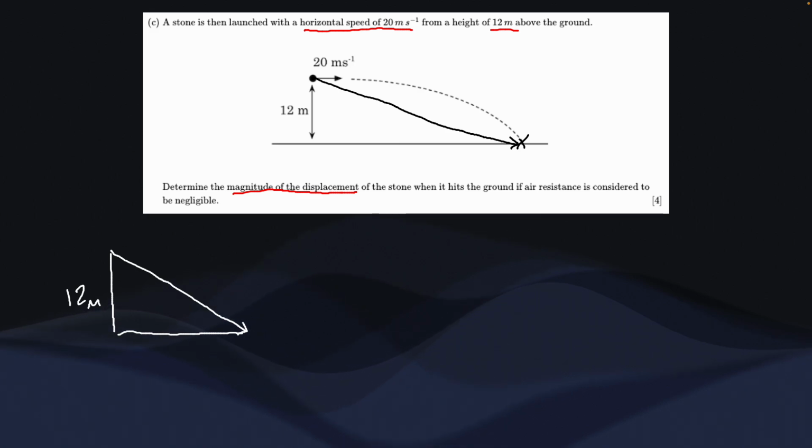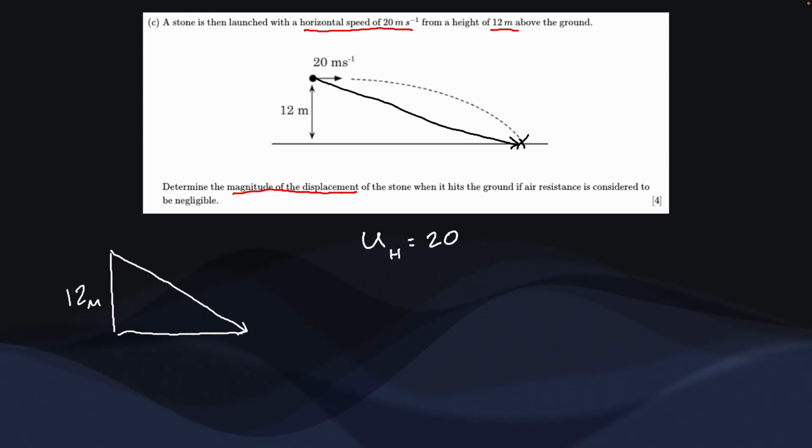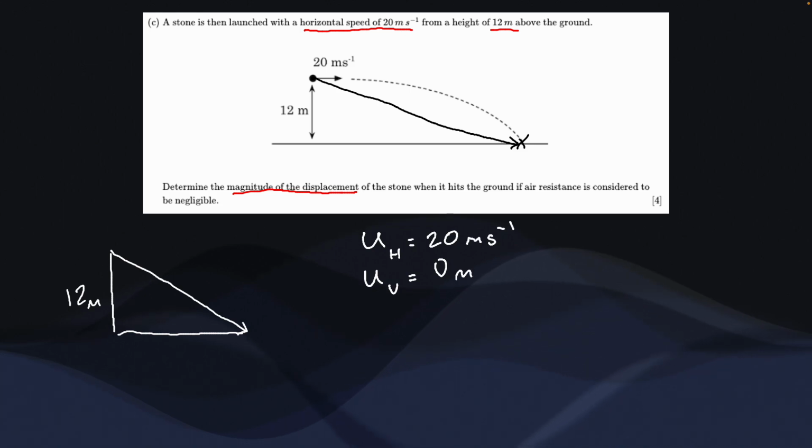So, therefore, we can say that u_H is equal to 20 meters per second. And look, if it's launched with just a horizontal speed and not a vertical one, we know that u_V is equal to 0 meters per second. Sorry, I forgot my units.